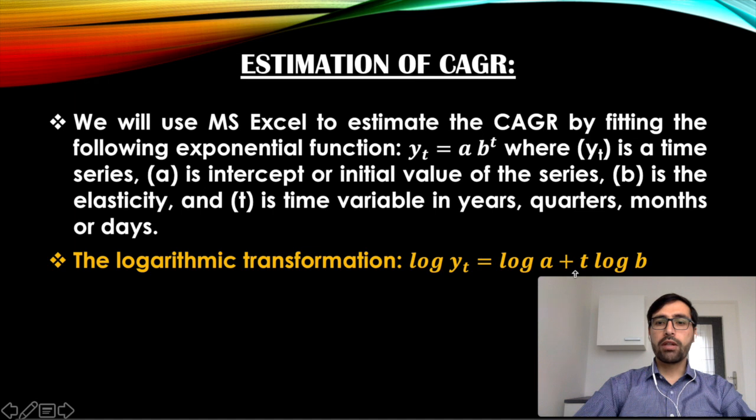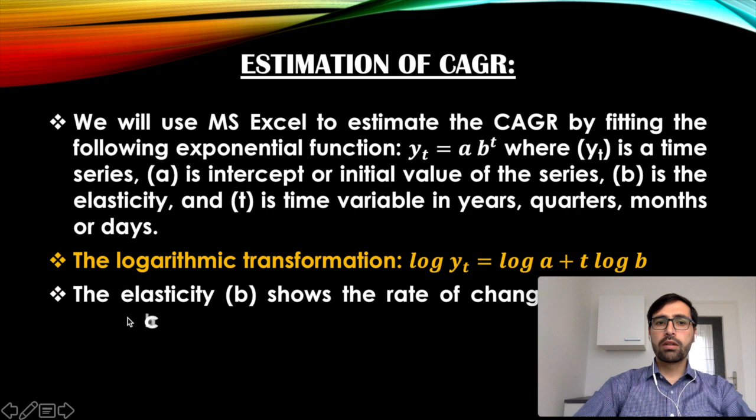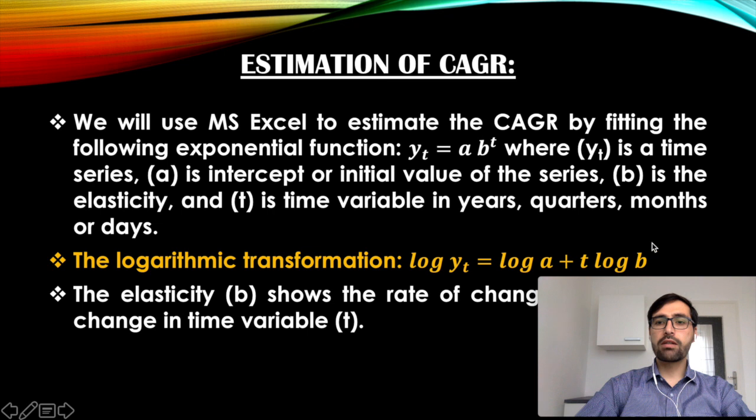So we estimate a linear or log-linear function for estimating a compound average growth rate, which is estimated using this elasticity b. The elasticity, or this b, shows the rate of change in Yt due to change in t. Hence, this parameter is used in estimation of the growth rate.